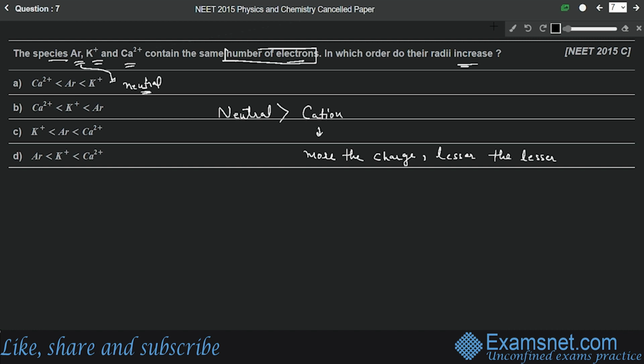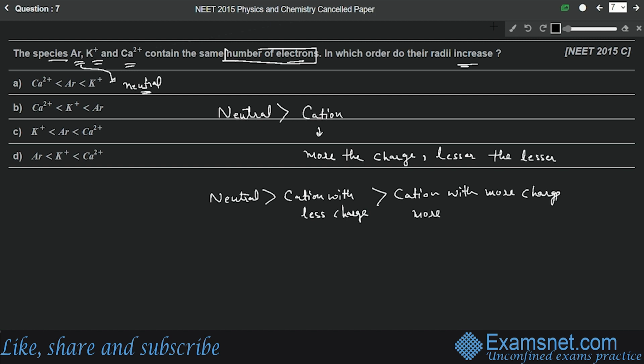so the sequence will be like this: first neutral, then the cation with less charge, and then the cation with more charge, because in cations electrons are removed, right?